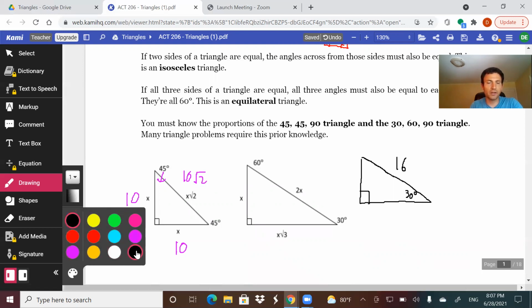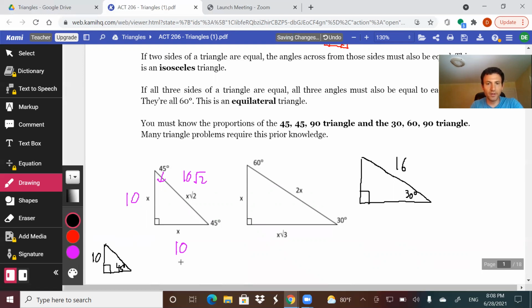I know that some people, if they were given this, and I think probably a lot of people at this point would do this: if you're given that this was 45 degrees and you're given that this is, let's say, 10, you'd immediately go, okay, I'm going to say sine 45 equals 10 over, and we'll call the hypotenuse x.